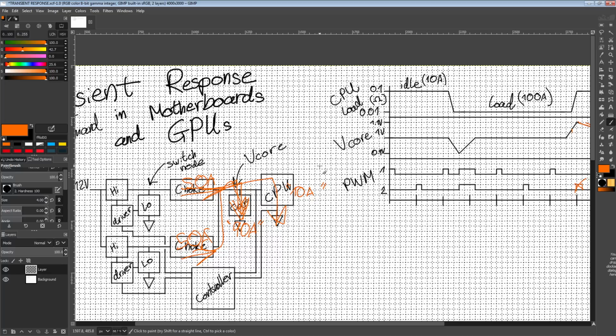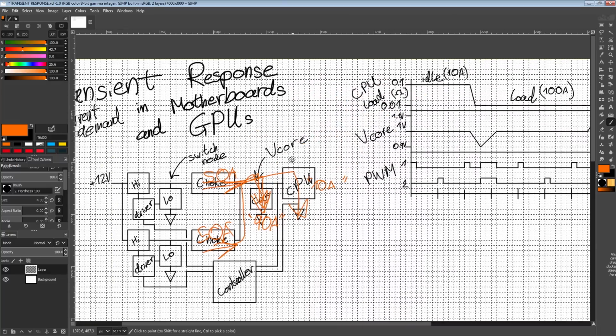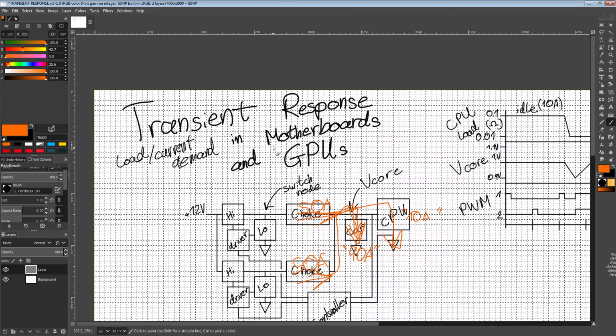More like the inductors just don't adapt, and we need to turn on the high side MOSFETs as quickly as possible and as accurately as possible, because that's the other thing, right? If you turn them on for too long, you cause more problems than you started with. So that's it. That's transient response.